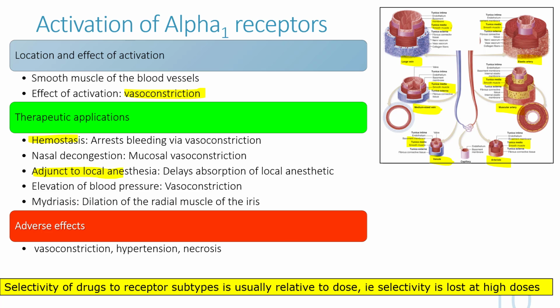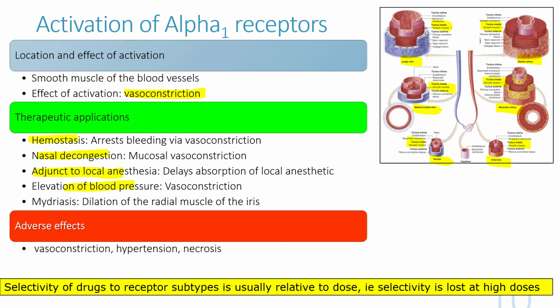Vasoconstriction is also a therapeutic application with a runny nose, because it can cause vasoconstriction of the blood vessels in the nose and cause nasal decongestion. It can also lead to increased blood pressure and dilation of the radial muscle of the iris. All right.